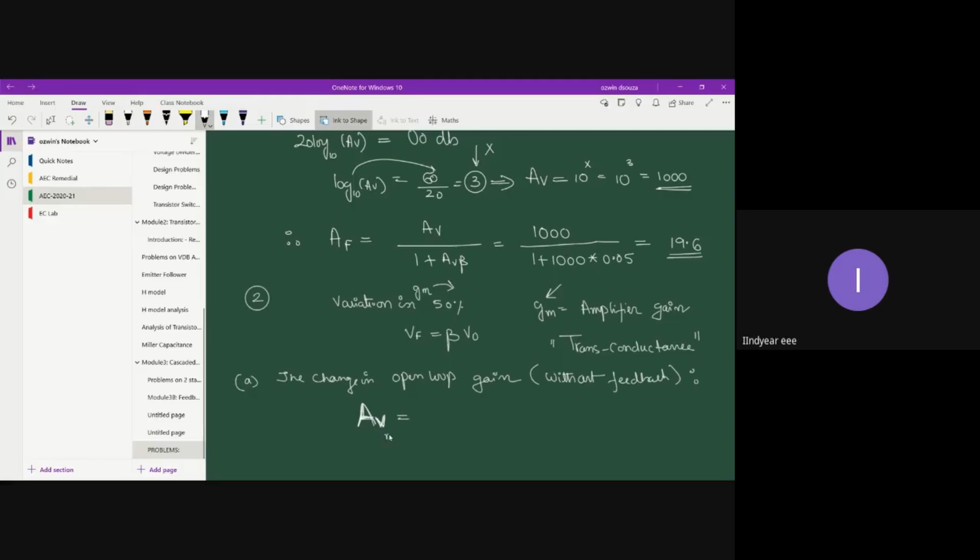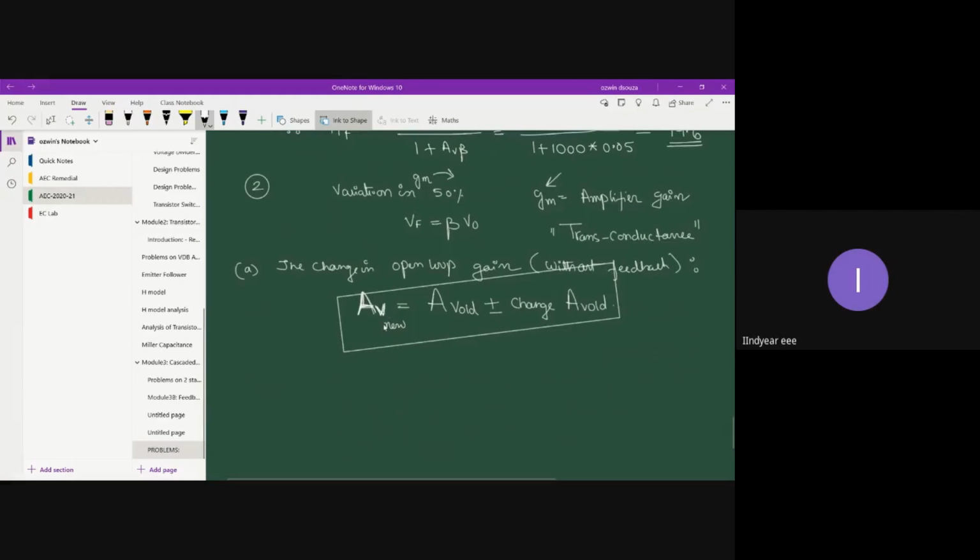So AV new is equal to AV old plus or minus change into AV old. This is the formula. You can say this is a made-up formula; I only created it. So for AV new, the new gain without feedback, what should you do? You should consider the old gain, and then add and subtract the change that is taking place.